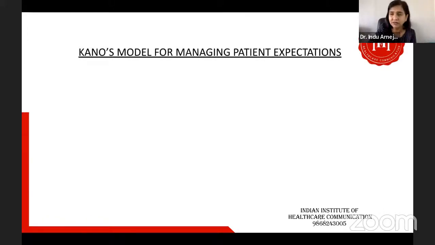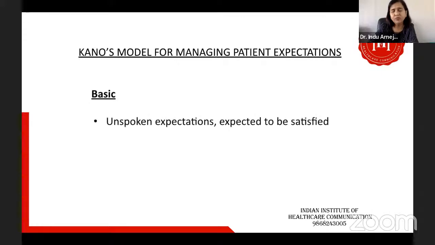How many of you have heard of this? Has anybody heard of Kano's model? So Kano's model says that the expectations of your clients or your patients can be divided in 3 categories. The first category is basic. So when we talk about the basic expectation, these are unspoken expectations expected to be satisfied.